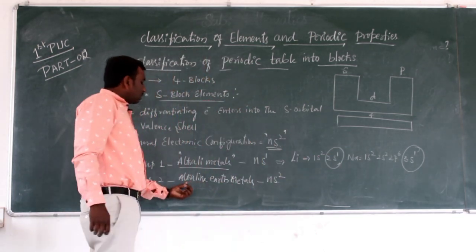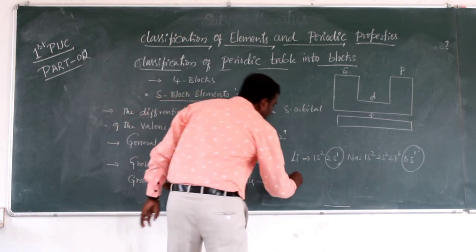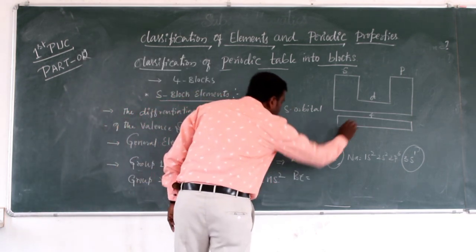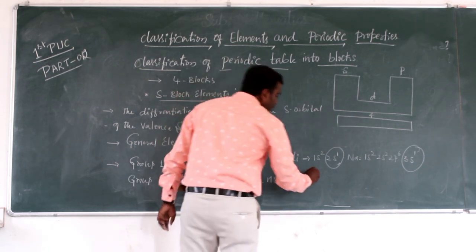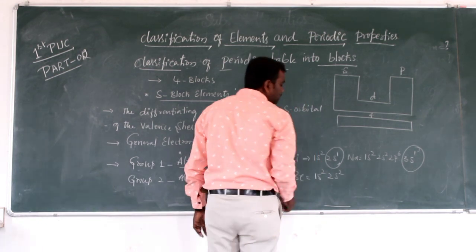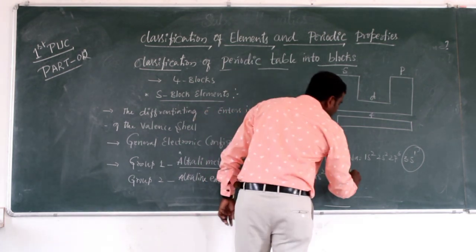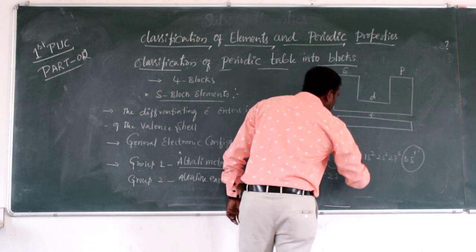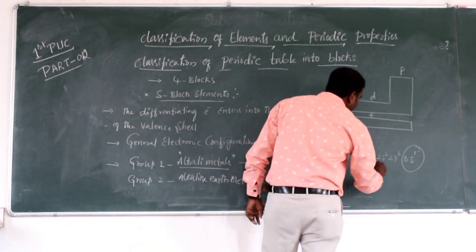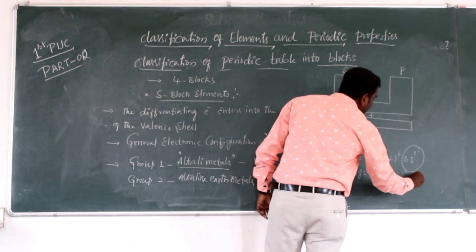For example, alkaline earth metals. See, beryllium electronic configuration is 1s2 2s2. Then magnesium. Magnesium is 12. Is it clear? 1s2 2s2 2p6 3s2.